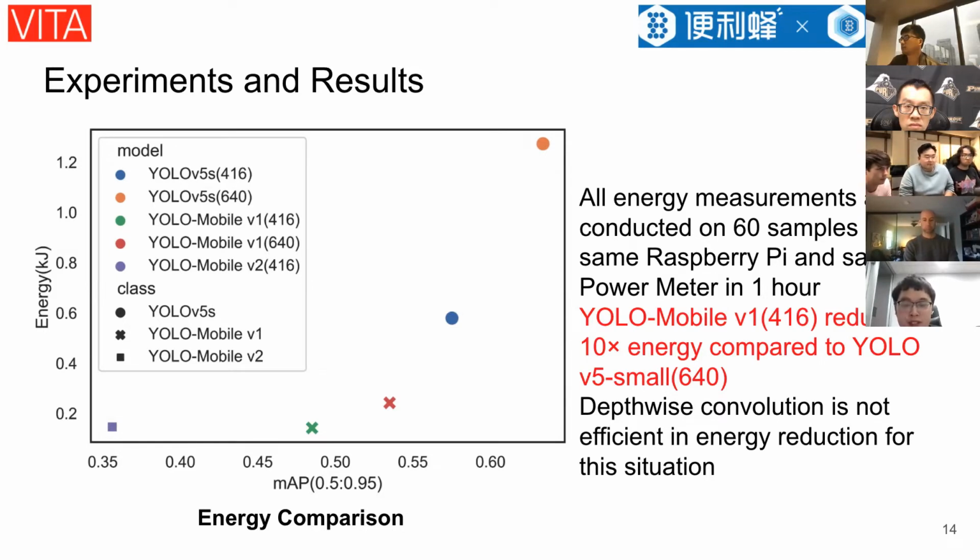Another interesting point is that we found the depth-wise convolution is not efficient in energy reduction in this situation. The square is YOLO Mobile V2, which uses the depth-wise convolution, and the cross mark is YOLO Mobile V1, which doesn't use depth-wise, but their energy is the same. So the depth-wise convolution is not efficient. Next.